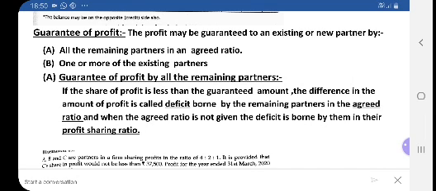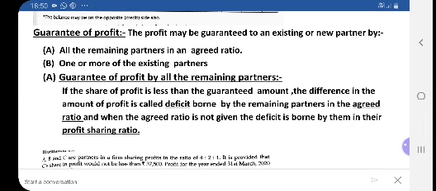Suppose one new partner C joined the firm, and he has given the guarantee of profit. Of course, it is given in amount, not in percentage, that he will not get less than 25,000 as profit.